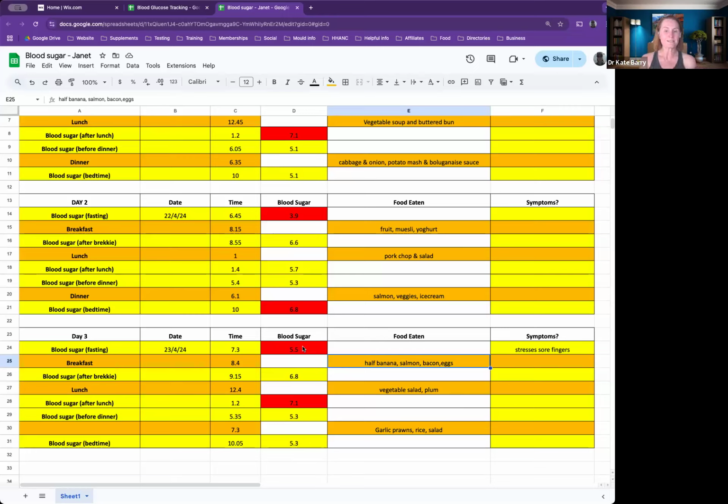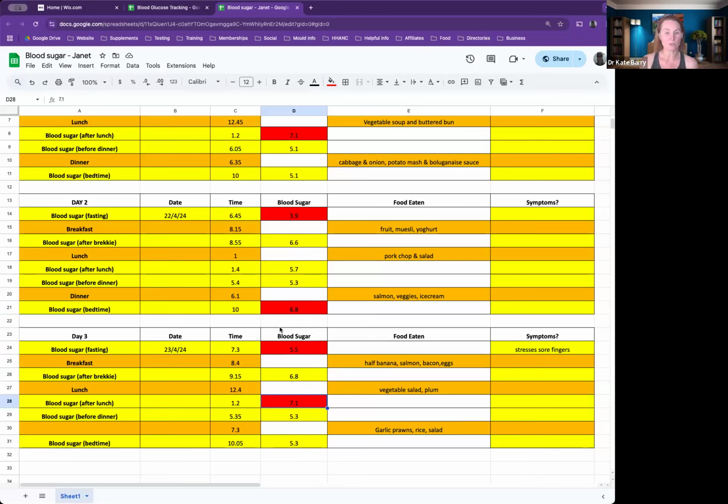What I see here is this elevated level the night before has contributed to starting the day poorly at a 5.5. That means this increase here, typically if she was at a normal 4.5 for her, wouldn't have been anywhere near as high. And the follow-on from the plum probably wouldn't have been considered a spike.